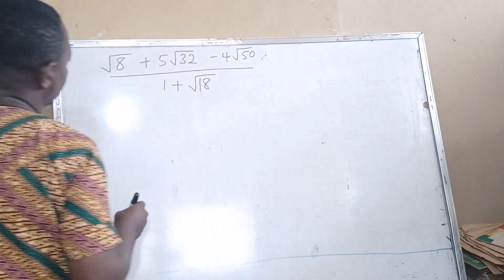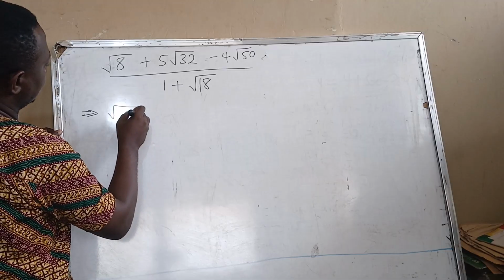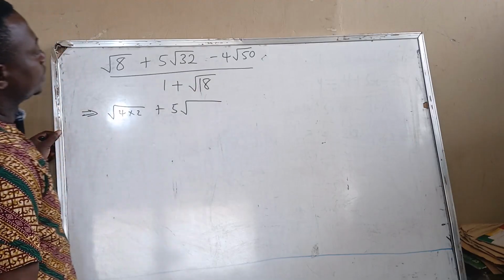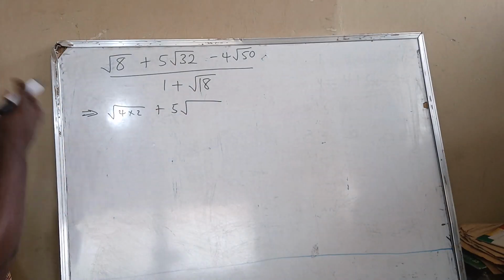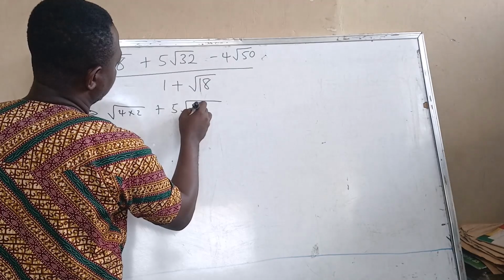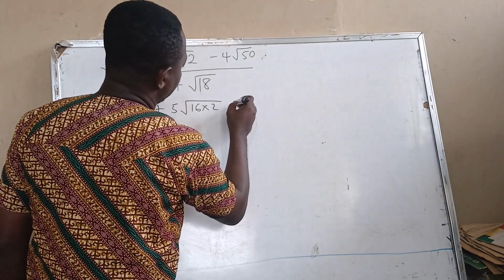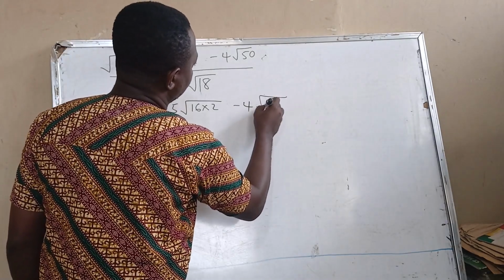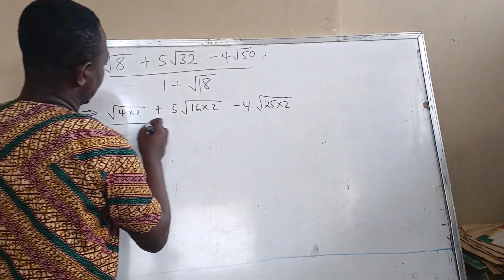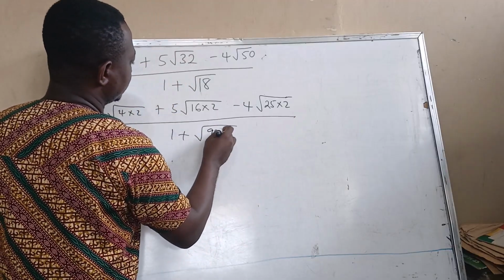So from here, I can write this one as 4 times 2 plus, remember 32 can also be written as 16 times 2, and we have minus 4 times 25 times 2, that is 50, and we have 1 plus 18, which is 9 times 2.